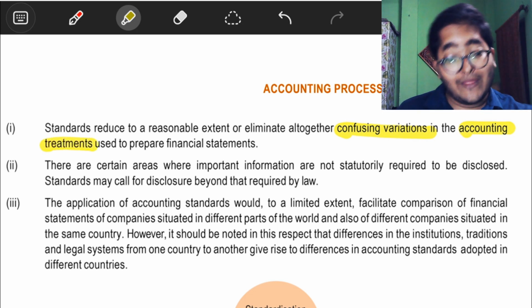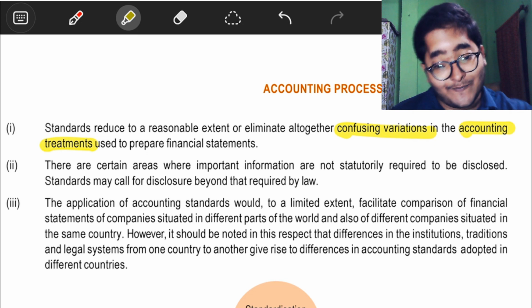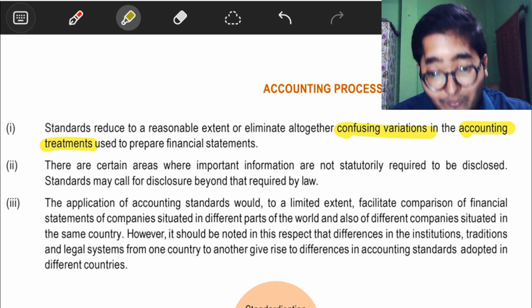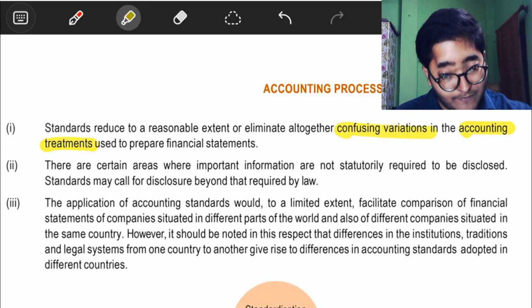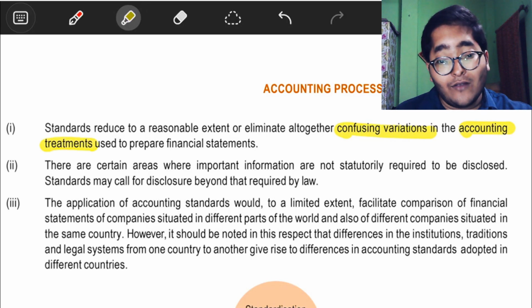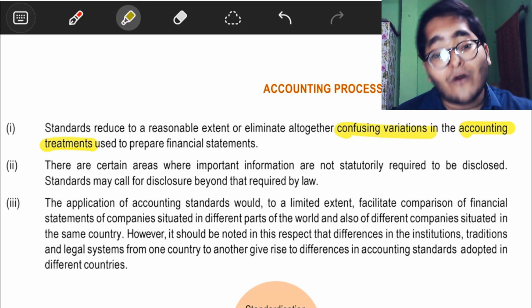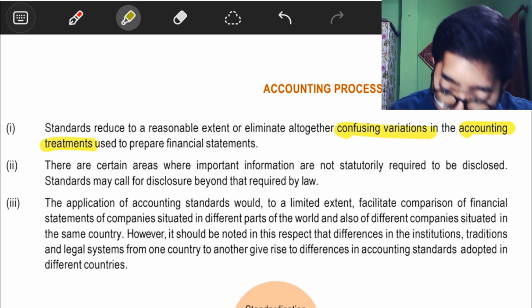Number two, there are certain areas where important information is not statutorily required to be disclosed.